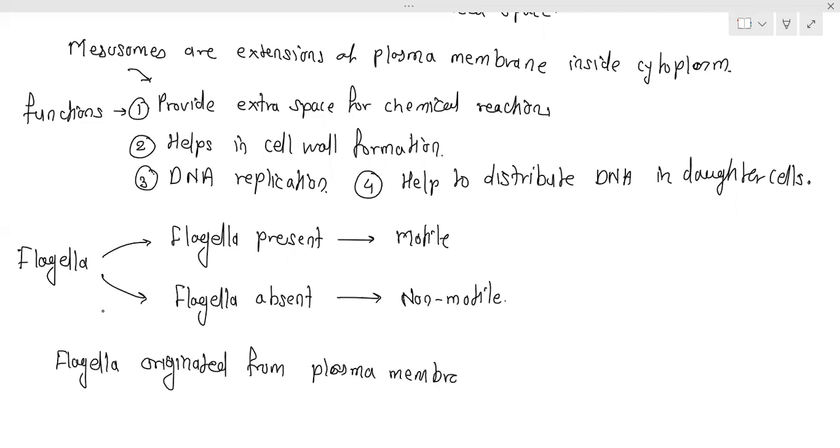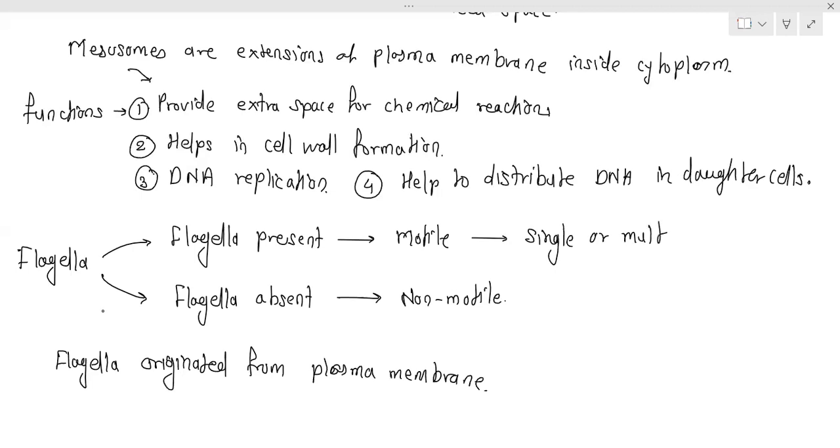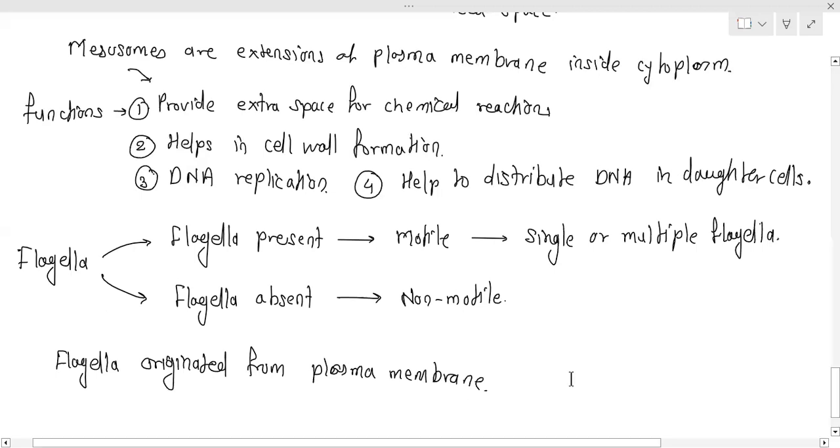That is one thing. The next thing to remember: motile bacteria may have a single flagellum or multiple flagella, either one flagellum or many flagella. That is one more thing you have to remember.